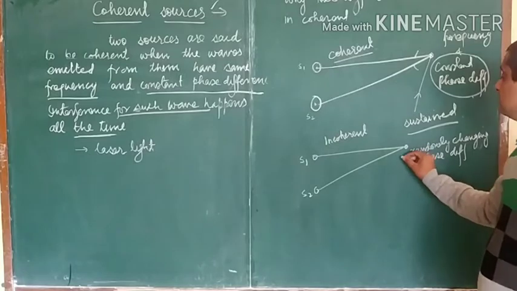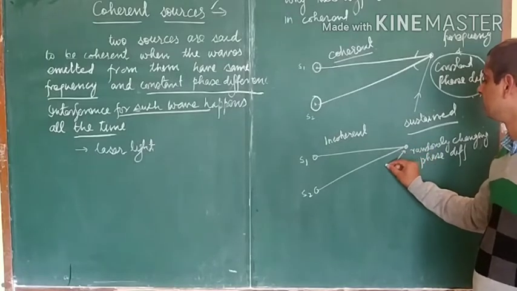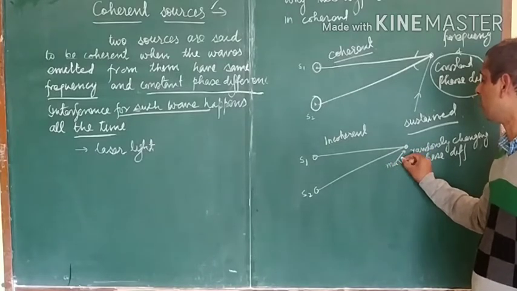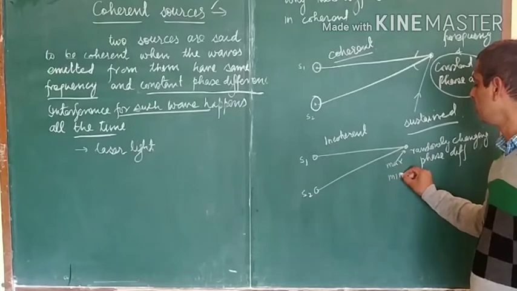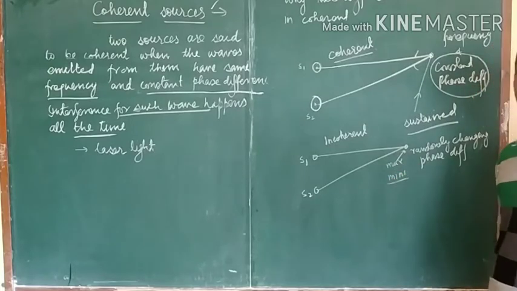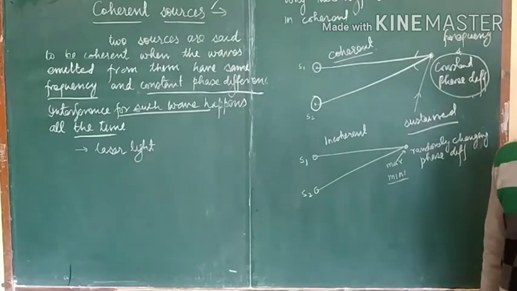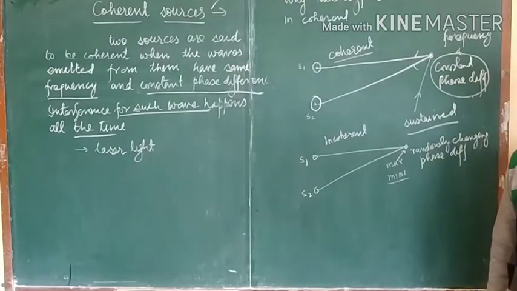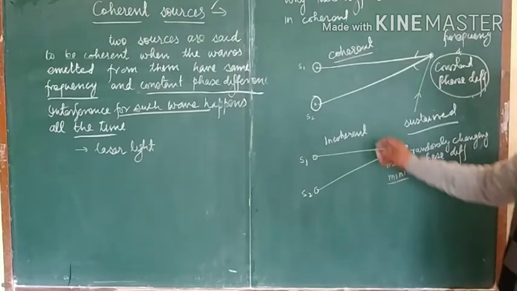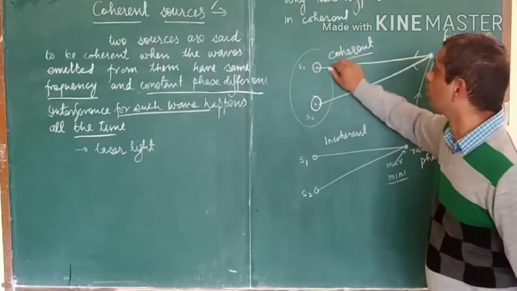As a result, there is a continuously changing maximum or minimum, and we cannot identify the maxima and minima, or you can say that no interference pattern will be obtained. We do not have a sustained interference. The two sources must be coherent.